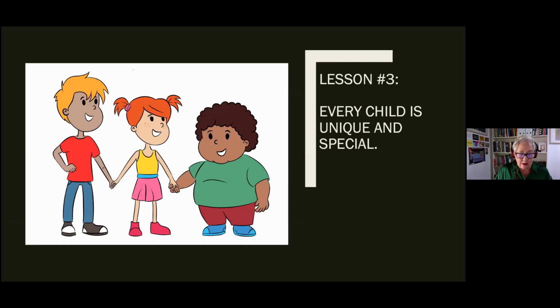So what does this mean? Well, for a start, it means that every child will respond differently to the materials that you give them. So over time, they'll develop preferences, and it's your job as a teacher to notice these preferences, and then you can take them into account when you're designing your materials.